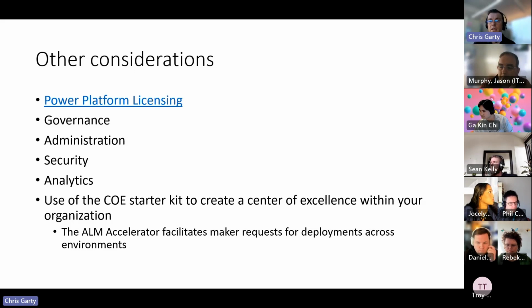Security is an important concept, using permissions and security to make sure that the things that are in environments are only accessed by the people that you want. And then there's an emerging capability around analytics. So in the last year, we made available tenant-wide analytics and reports for Power Platform resources. So those are certainly a useful tool to be aware of.